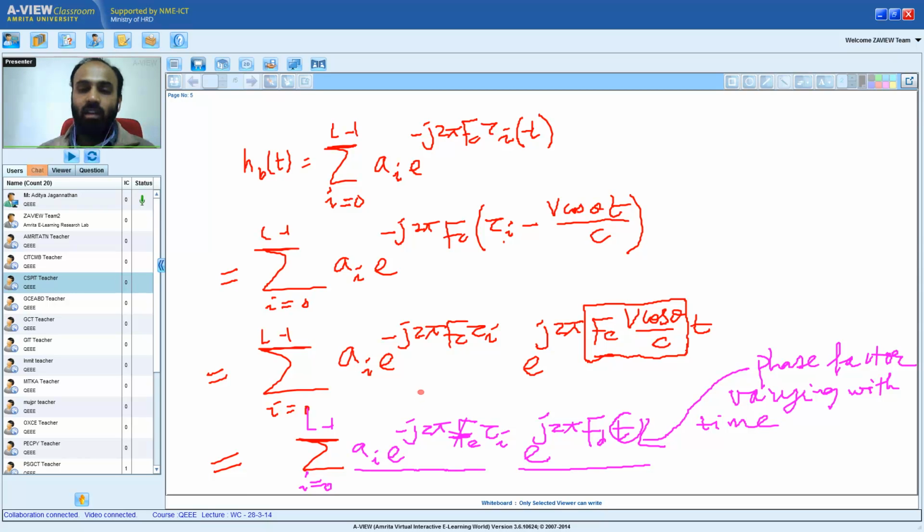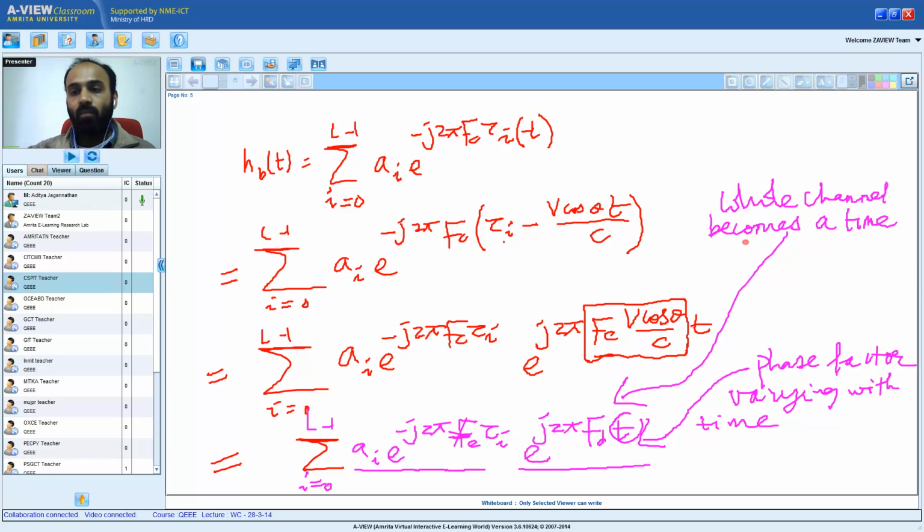Therefore, the whole channel becomes a time varying channel, because the phase factor is varying with time. So what is the effect of Doppler shift?